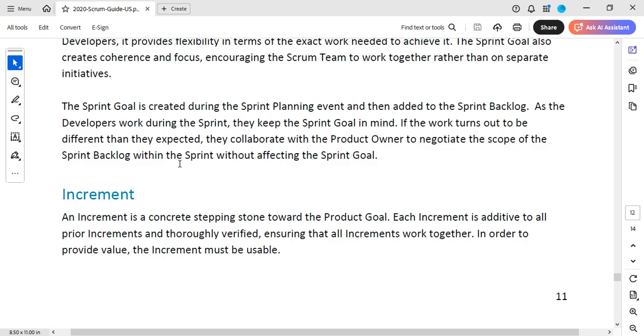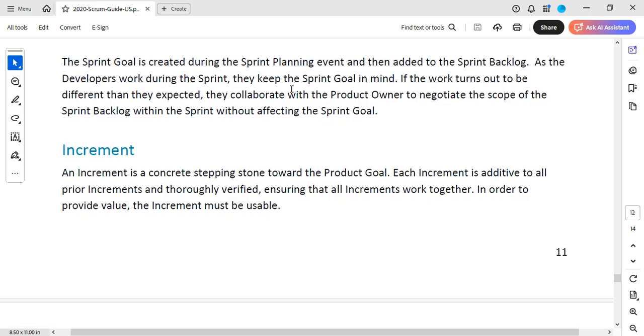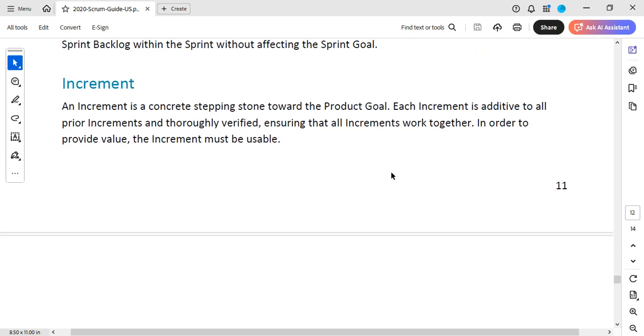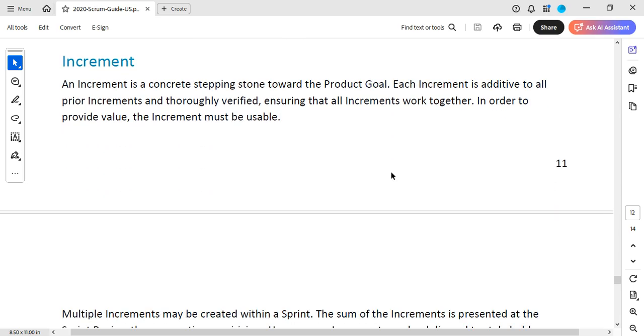As the developers work during the sprint, they keep the sprint goal in mind. If the work turns out to be different than they expected, they collaborate with the product owner to negotiate the scope of the sprint backlog within the sprint without affecting the sprint goal. So something like, maybe they found out something as they are going through their work, they now call the product owner's attention to say, oh, we discovered this.